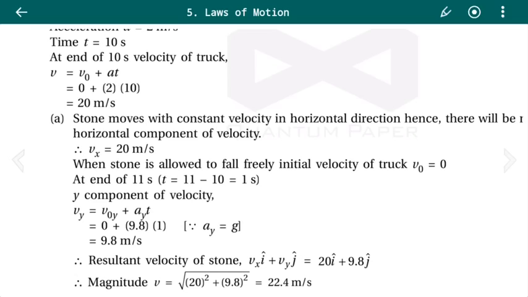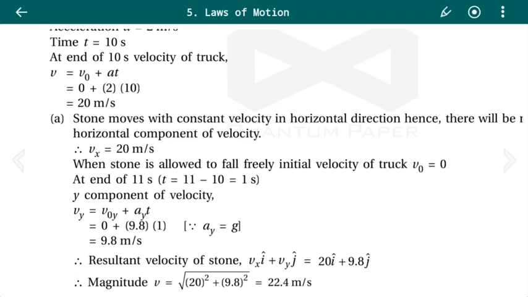When stone is allowed to fall freely, initial velocity V0 equals 0, and at the end of 11 seconds, that is t equals 11 minus 10, that is at 1 second, y component of the velocity becomes what? Vy equals V0y plus Ay t.